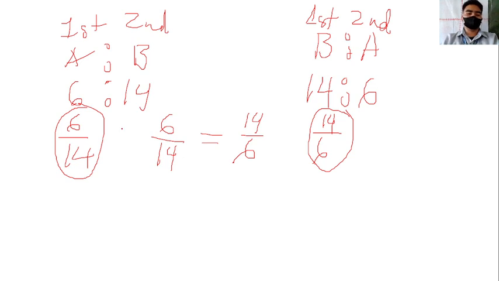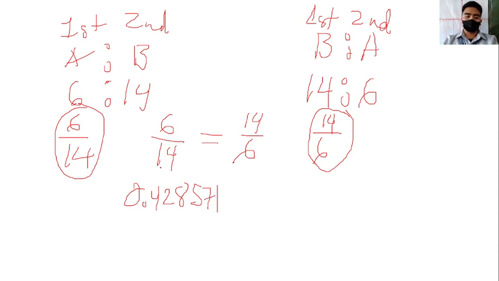What is the value of 6 over 14? If you are going to compute that in your calculator, what's the value? You could use your calculator right now. I will be waiting. 6 divided by 14. The answer is 0.428. Let's just write 5, 7, 1.